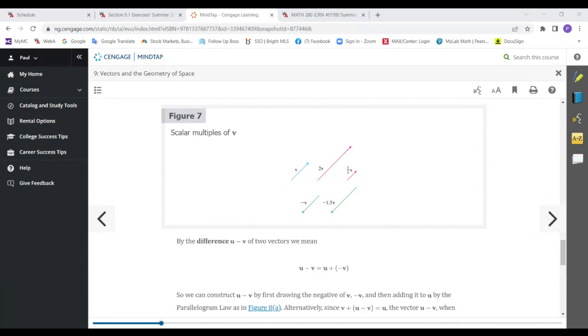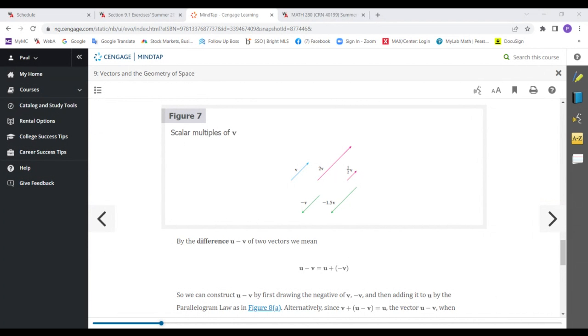If you multiply it by 1/2, you get 1/2 v on the right. But you can take a vector v and multiply it by -1, and that'll cause the vector to go the opposite direction. That's what you see on the bottom left, that green vector. And then -1.5 v is to the right of that. Those are examples of scalar multiplication of vectors.